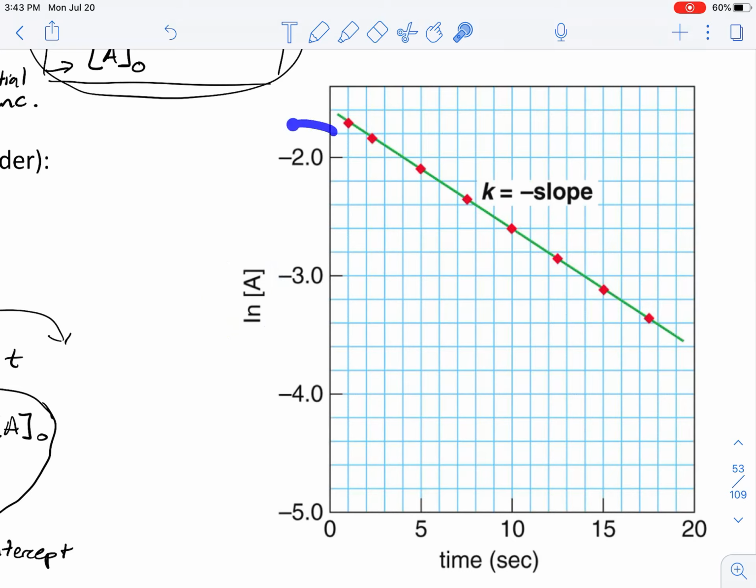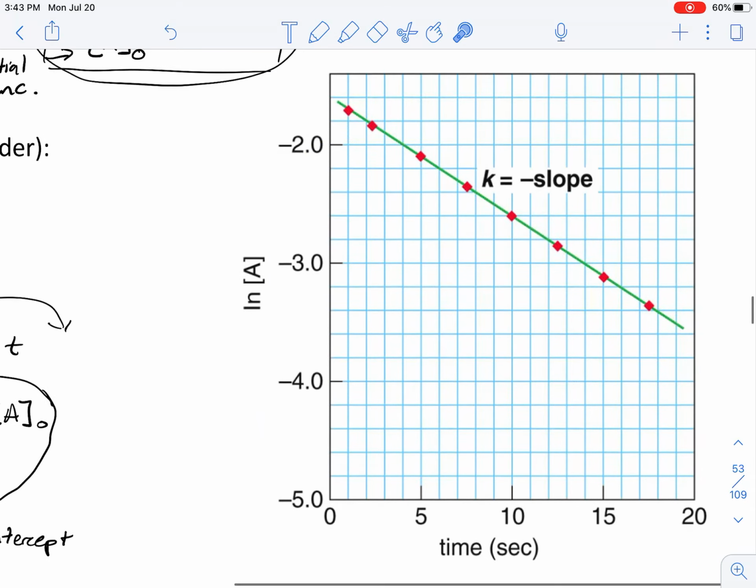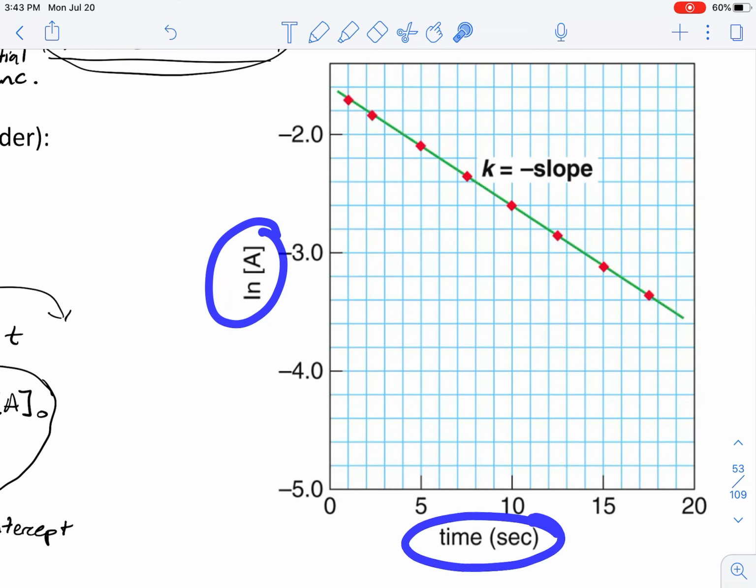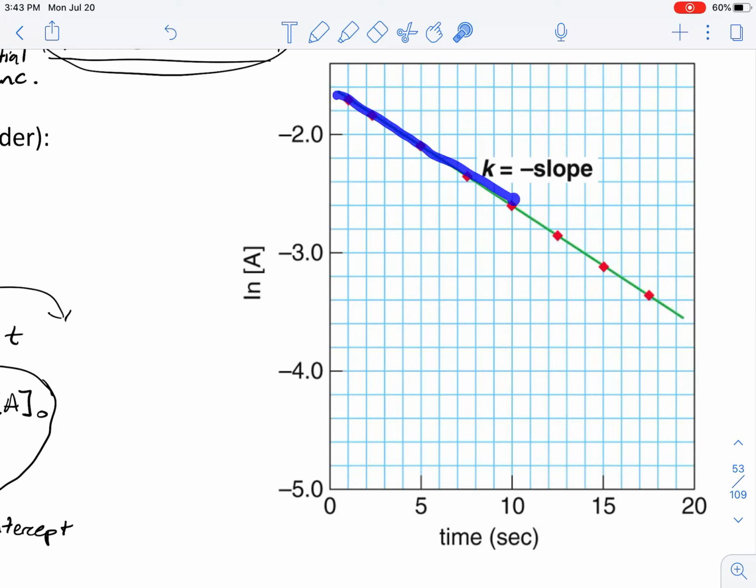All of these numbers are representing the natural log of the concentration of A. So if you plot the natural log of concentration of A against time, and you get a straight line going down such that the slope is negative, then this is a confirmation that the reaction is undergoing first order kinetics.